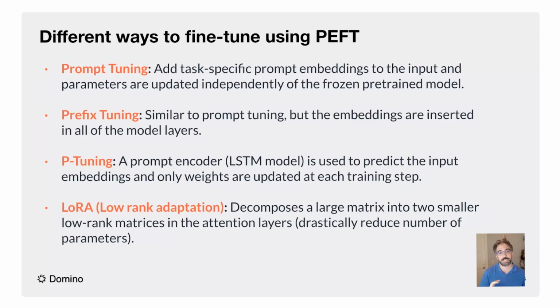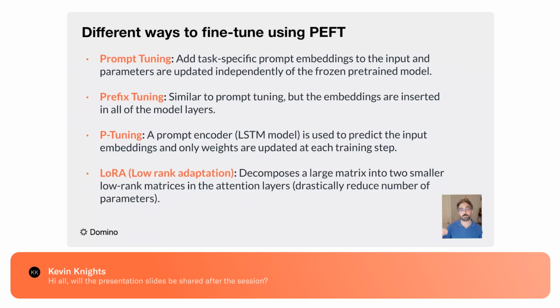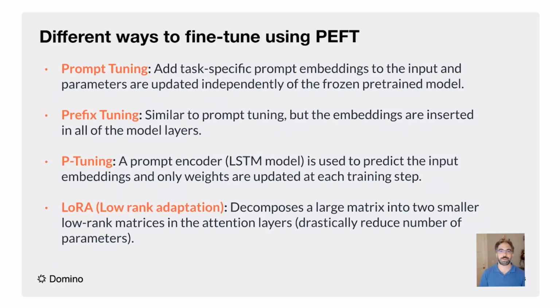Prefix tuning is similar to prompt tuning, but in this case, those embeddings that we generate are not just added to the initial prompt, they're also added in between each layer of the model. So now you're giving some additional information, not to the degree of fine-tuning where you're changing the actual model, but providing additional context that's relevant at each level of the model.